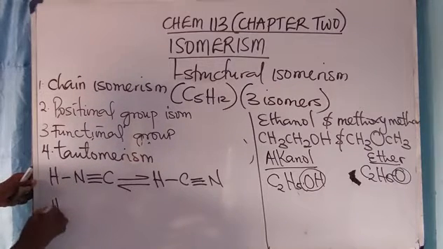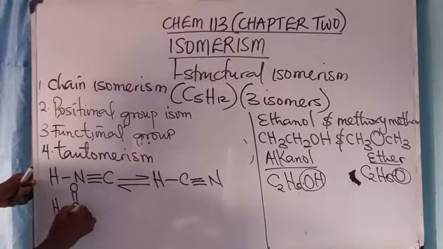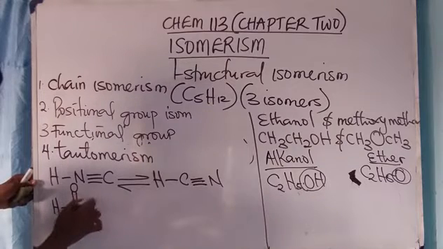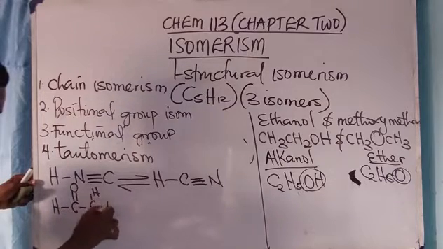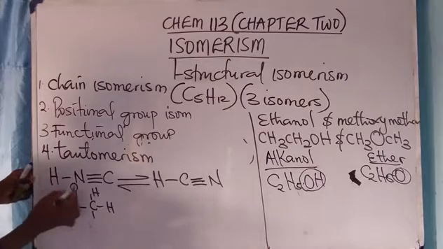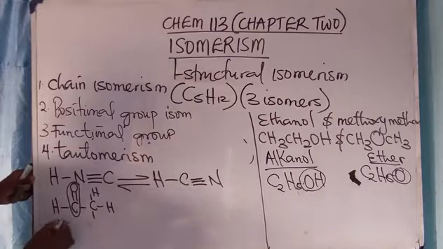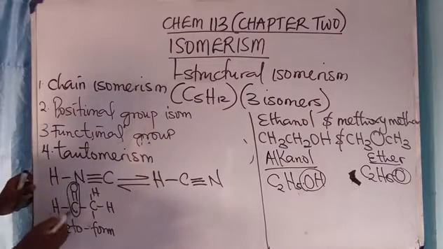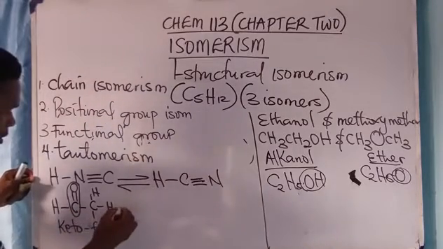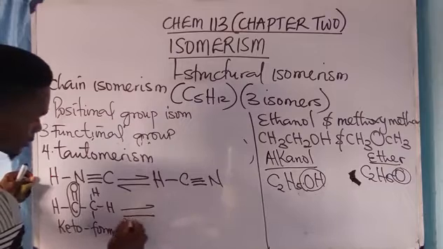I have H. Now, this OH here, this CO, I told you before, this is the keto form. It is keto form because of the ketone functional group. Now, the same thing is applied here.